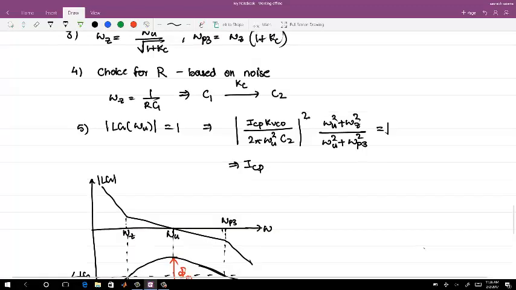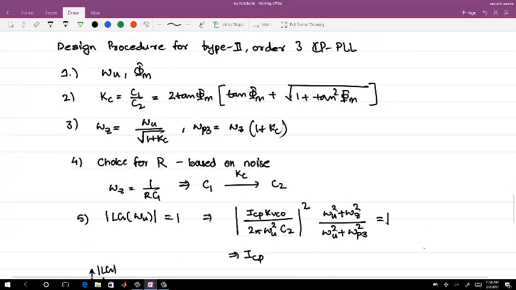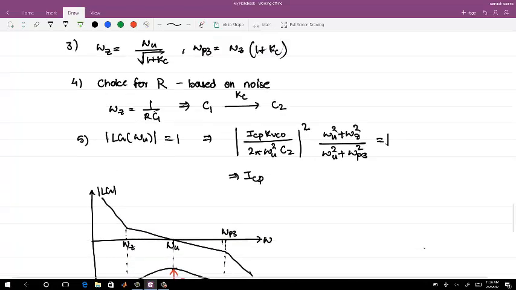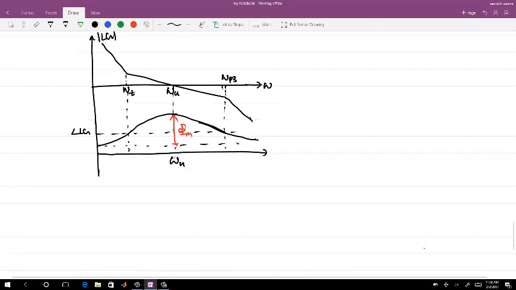So in all these cases, right now I will show you how you get omega u and omega z. Okay, let's say what are the effects of smaller and larger phase margin other than stability? Stability is surely there with the phase margin. What can you observe in the closed loop gain of the PLL?